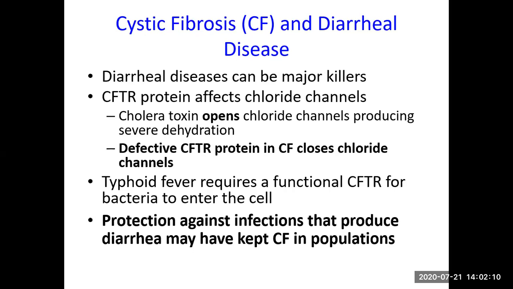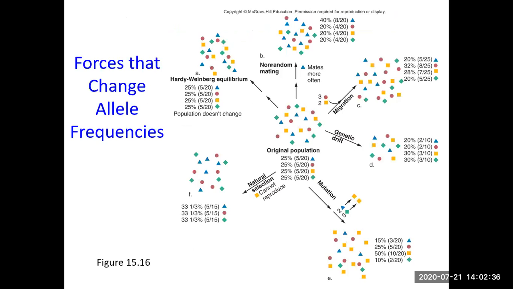In the heterozygote, the advantage is it protects against diarrhea and GI diseases, because the mutation that occurs in cystic fibrosis interferes with the chloride channels. For diarrhea to occur, you need those chloride channels open. Because those chloride channels are not functioning, the person will not get diarrhea, will not get dysentery. So this is a summary of all the factors of evolution, all the forces that change allele frequencies.